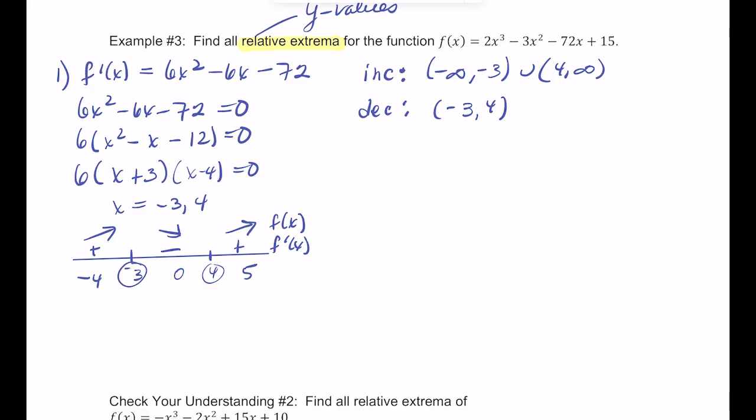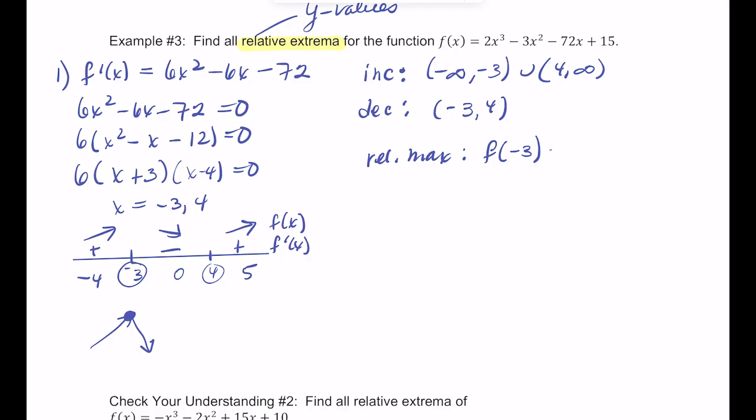Okay, so when it increases and then decreases, right? Think of it as going up and then going down. There's going to be a relative max. So I'm going to have a relative max, and I need to find that by taking the -3, the critical value, and plugging it back into f, the original function.